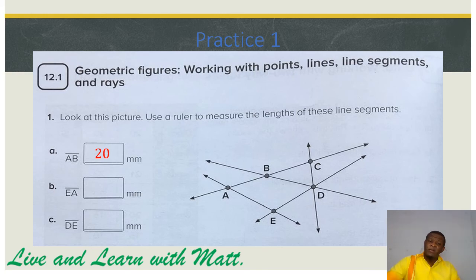Line EA, what do you get? 26 millimeters. Line DE, 23 millimeters. Now let's go to number 2.